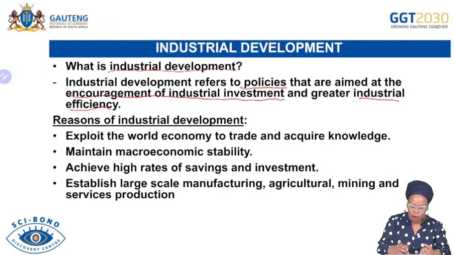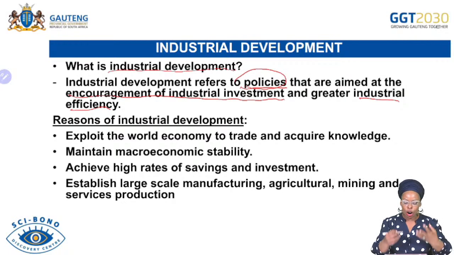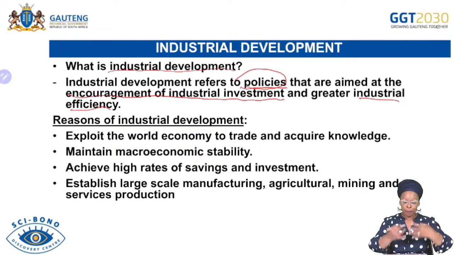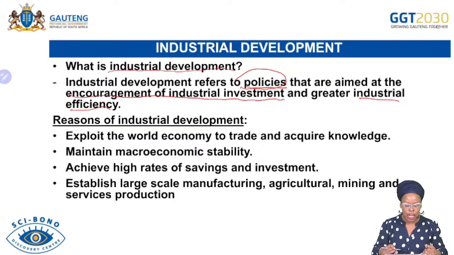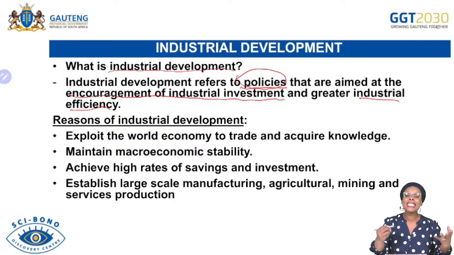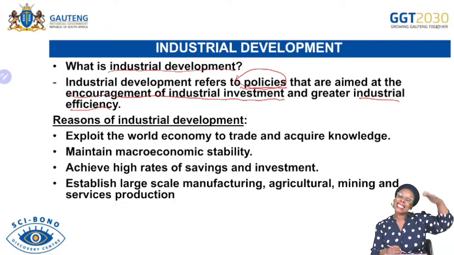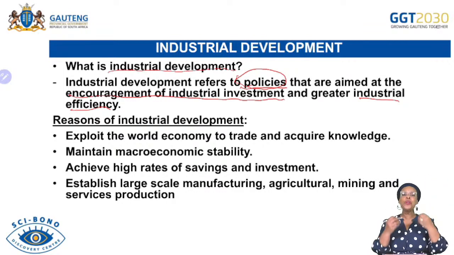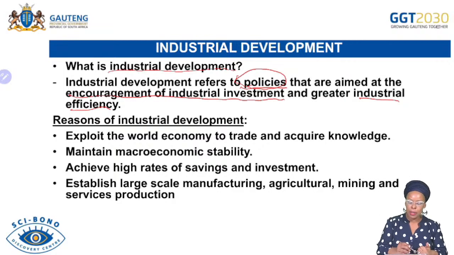So industrial development refers to those policies that are aimed at encouragement of industrial investment and greater industrial efficiency. In simple terms, industrial development refers to establishment of industries in a country. So these policies are determined where? At the central level, at the national level. So you need to know this terminology.